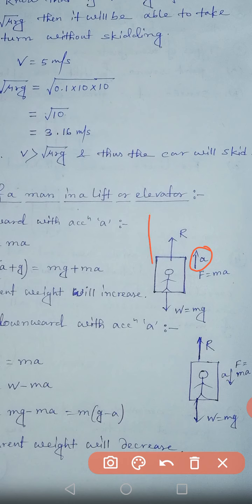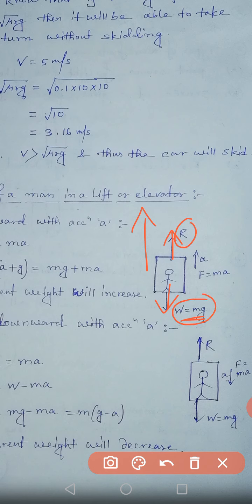In this case, the weight of the person is acting in the vertically downward direction, that is W equals mg. The reaction force r is in the vertically upward direction. But since the elevator is moving in the upward direction, this reaction force and weight are not the same.